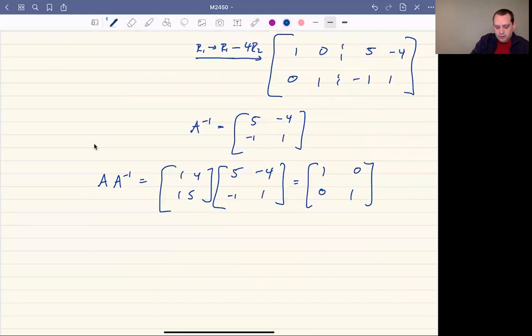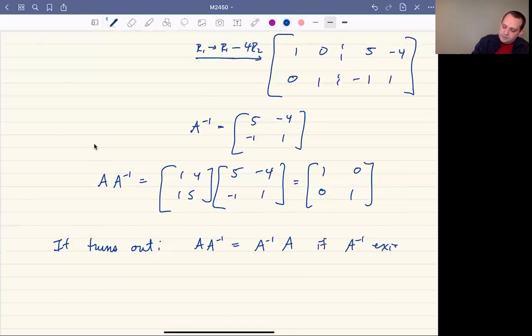It turns out, this is just something to know in general. This is something special about inverses and something special about the identity. It turns out that A times A inverse is going to be the same as A inverse times A if A inverse exists. So if you multiply A by A inverse, it doesn't actually matter if you multiply on the right or the left, you'll get the same thing.